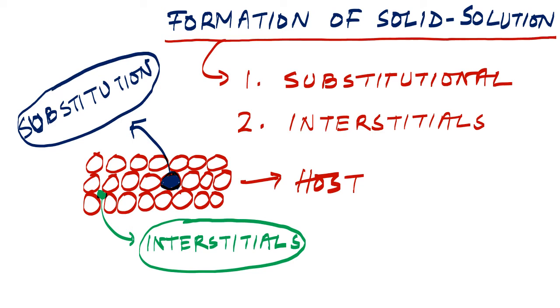But the question is, what is the acceptable size of the atom which is being substituted? That is a very important question. There are several features of the solute and solvent atoms which will determine the degree to which the foreign atom will dissolve in the host. That is what we need to find out.